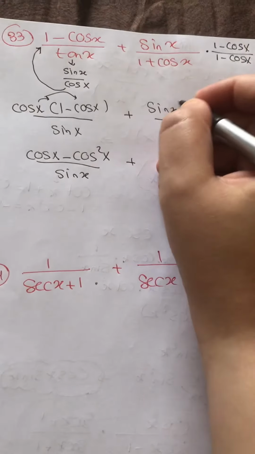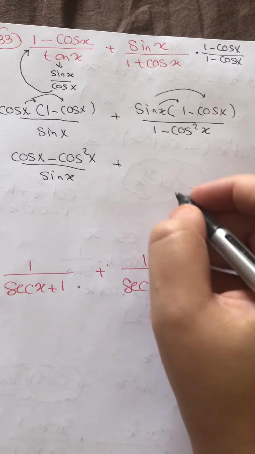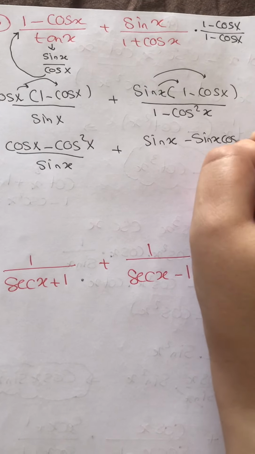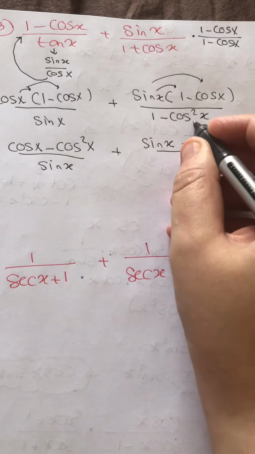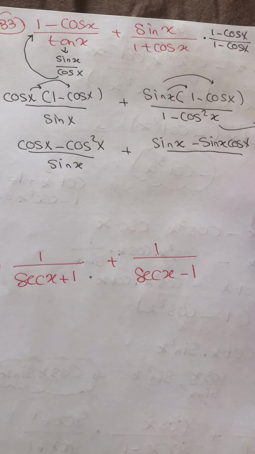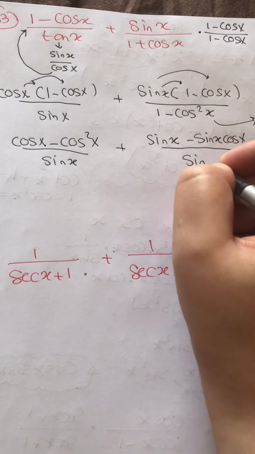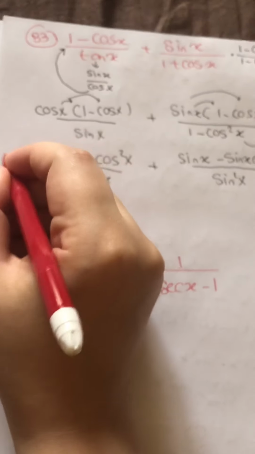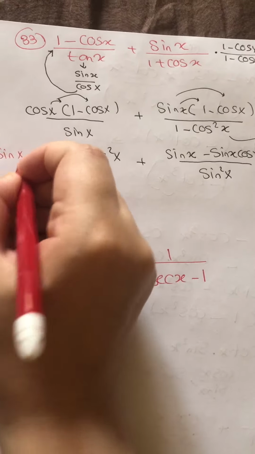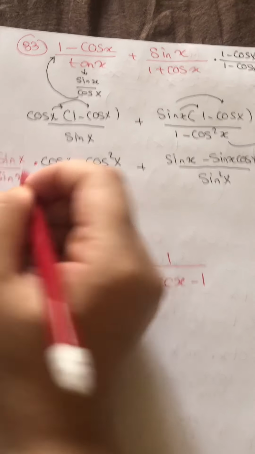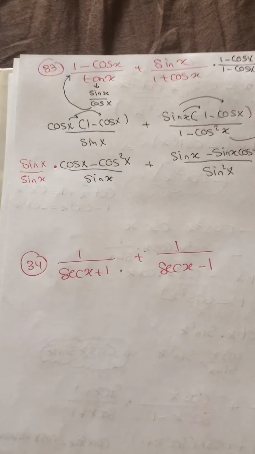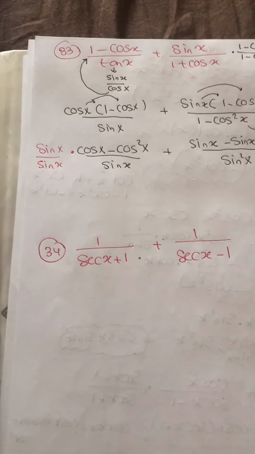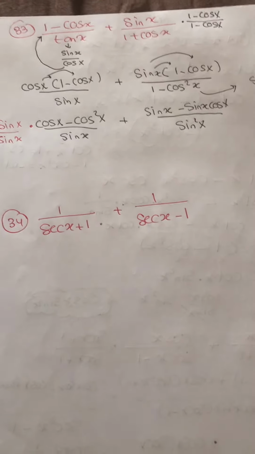Plus, I'll distribute these. I'm going to get sine x minus sine x cosine x all over 1 minus cosine squared x, which is sine squared x. From this step I started; see, if you know the answer it will be easier. The coming lesson will be like a proof that the answer is this, but simplifying is a little bit harder because you don't know the answer, you don't know where to stop, and you don't know if you're right or wrong.